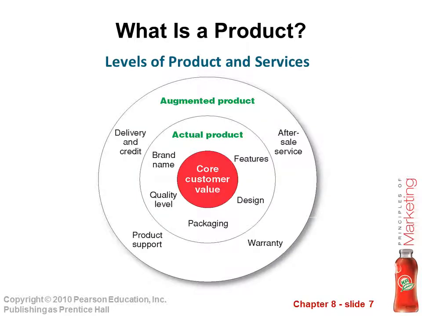In this slide, we will discuss the three levels, or layers, of the product and service. The first level is the core customer value, then the actual product, and then the augmented product.